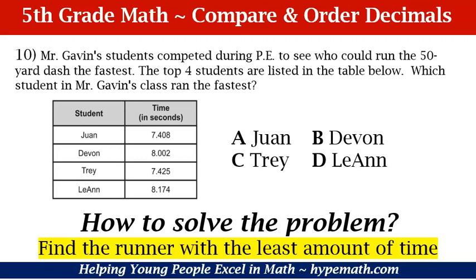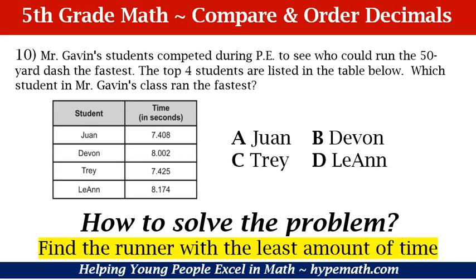So now we focus on Juan and Trey. They both have a 7 in the ones place. Moving to the right to the tens place, they both have a 4.